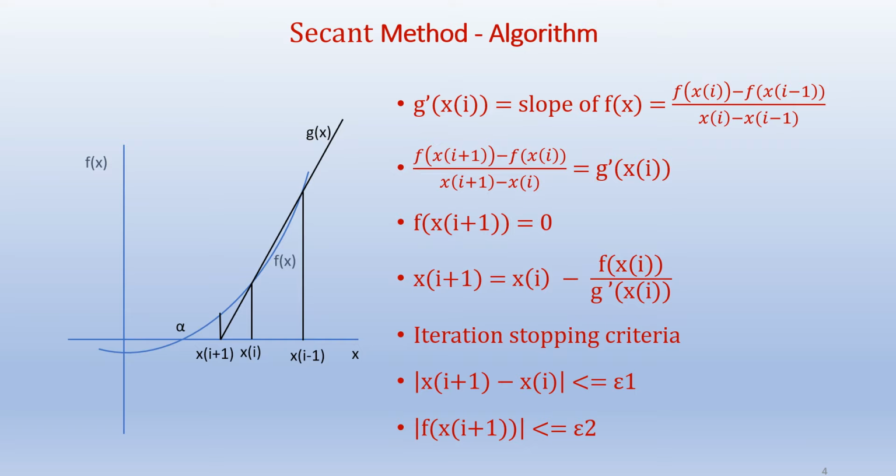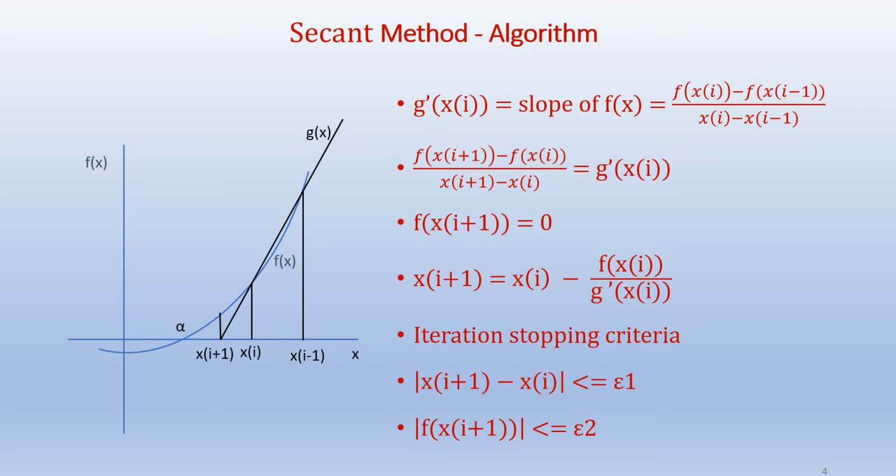On the left hand side of the graph, there is a function f of x. Our objective is to find the root for the function f of x. The exact root is shown as alpha. In the secant method, we need two initial values, for example x1 and x2, or in general, x of i minus 1 and x of i.